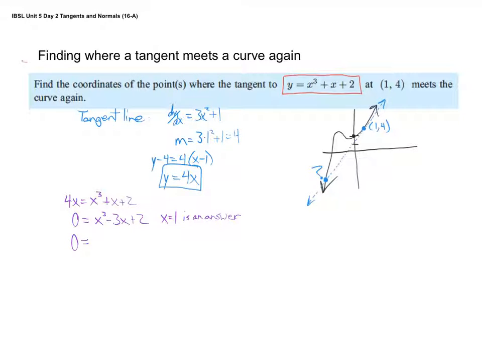So if x equals 1 is an answer, how does that work? Well, we got to factor that out. Can anyone tell me how we would factor that out? Because we can't do factoring by grouping on this one. That doesn't work.